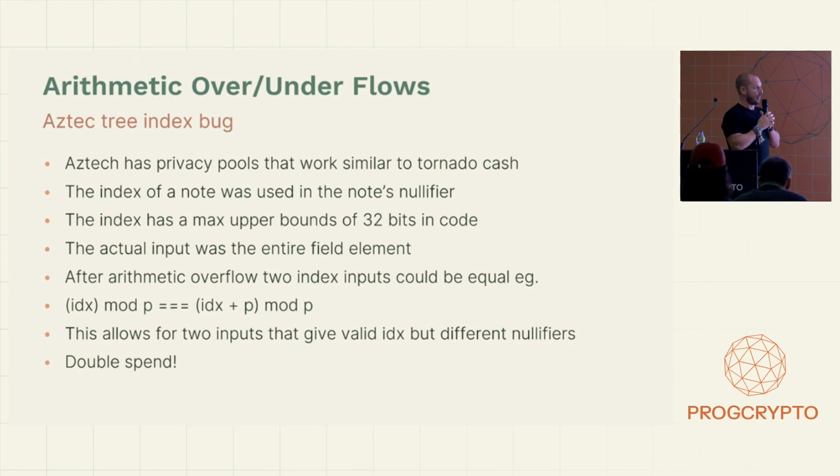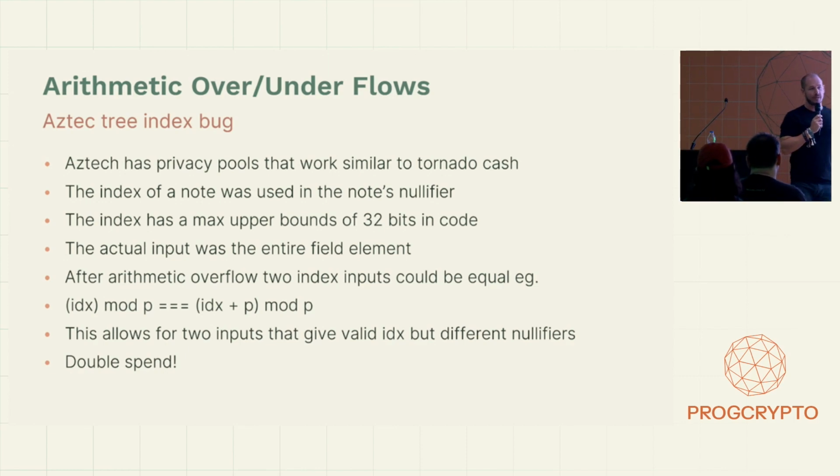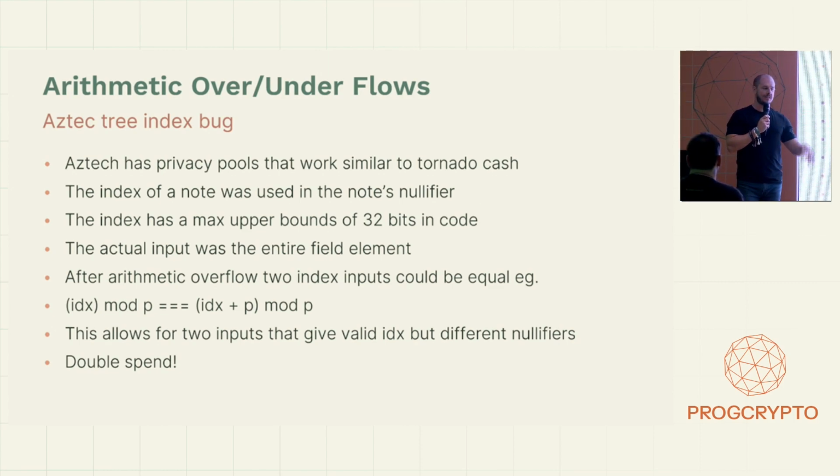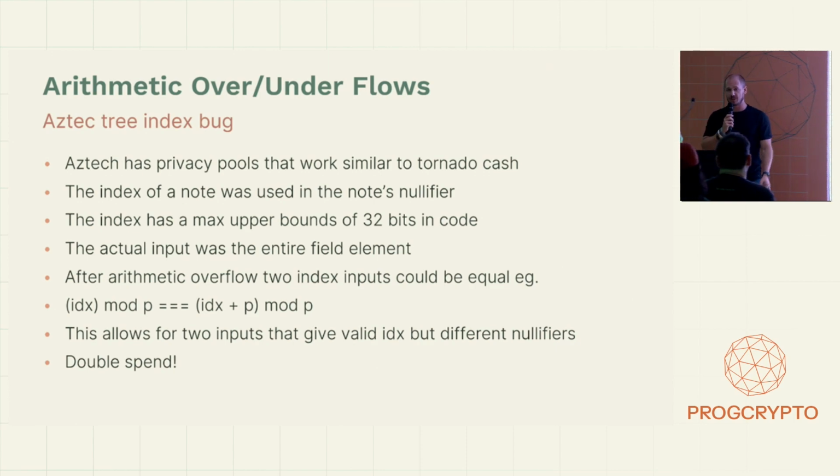So the problem here is that you use this as a nullifier, and so basically nobody can spend the same withdrawal twice because the hash would be the same, right? The problem here is that they assigned, it's more like a cast in the assignment, that the index that they used, which is part of the nullifier, was a 32-bit number. And the verifier, there was no constraint to that.